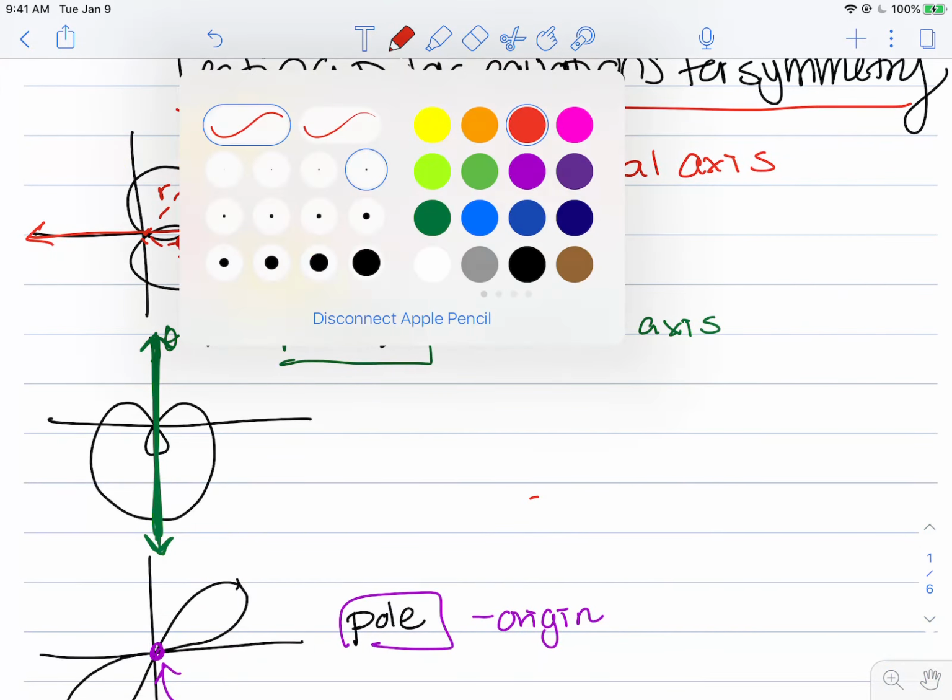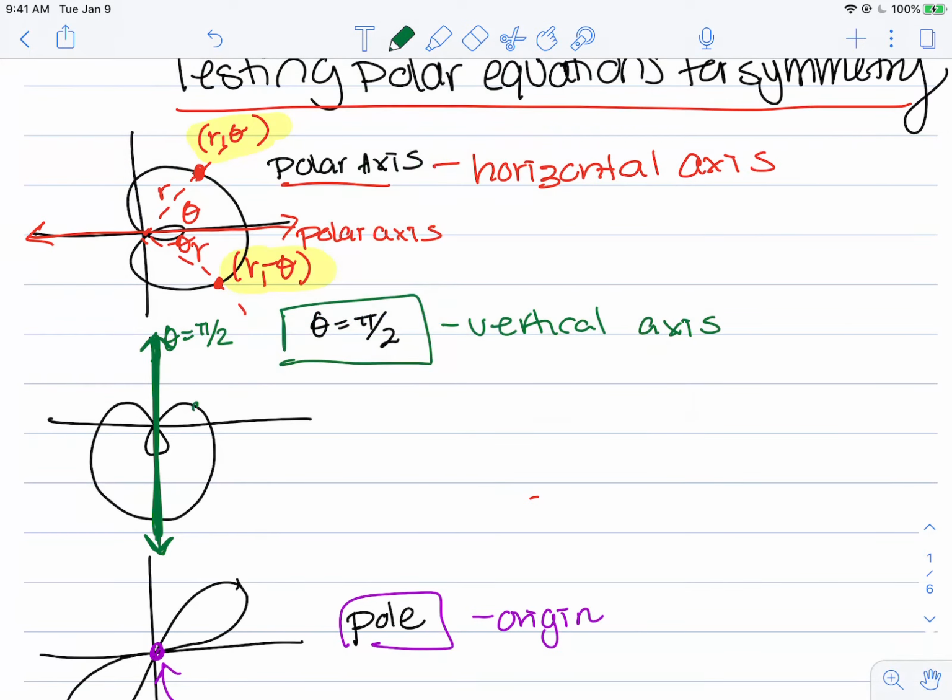If you have vertical axis symmetry, if you have a point with a certain r value and a certain theta value, then you're going to have that same point flipped over the vertical axis. Notice how you might say that there's a difference, right? The angles are different. Is it always 180 minus theta? Maybe, maybe not. What else is true?